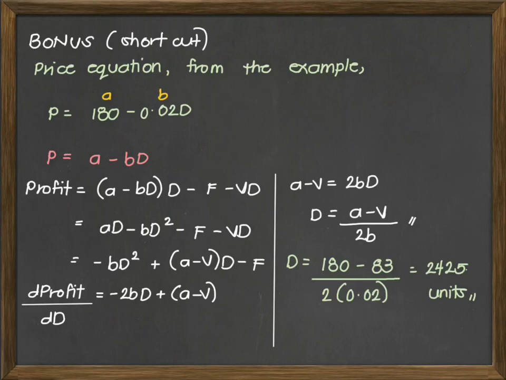So, if our price equation follows the same format as in this example, we can just use the formula for D, A minus V over 2B. We do not need to derive anything to get the optimal demand that will maximize profit. However, if you want to know the profitable range, we still need to get the quadratic equation using the formula.